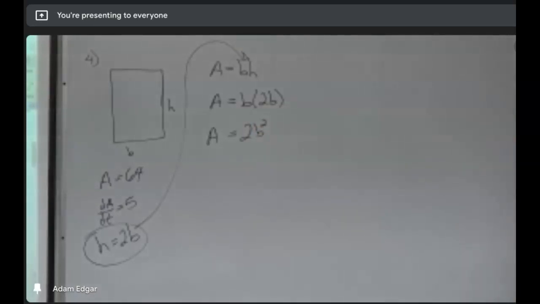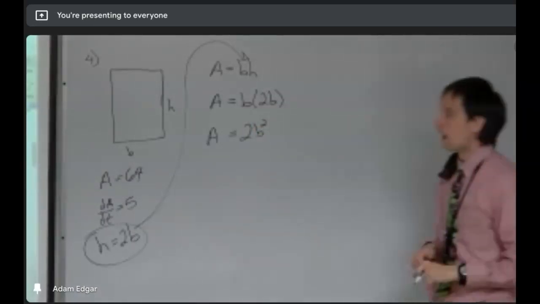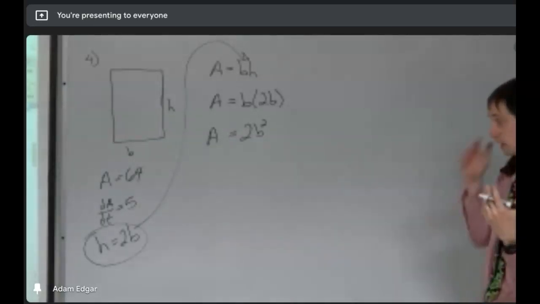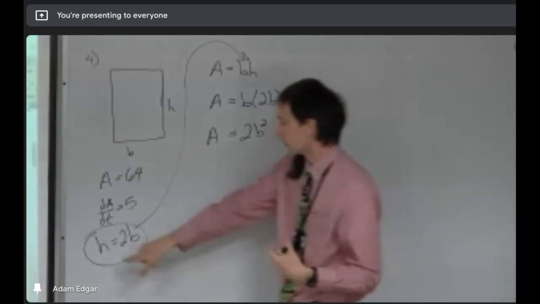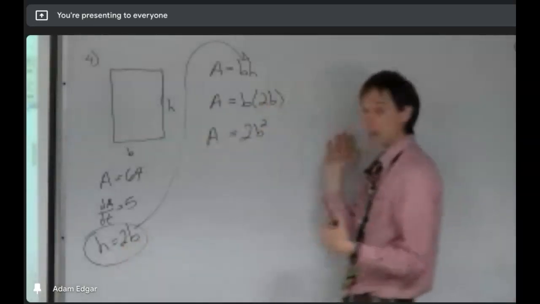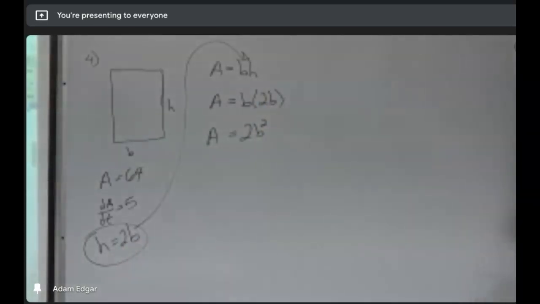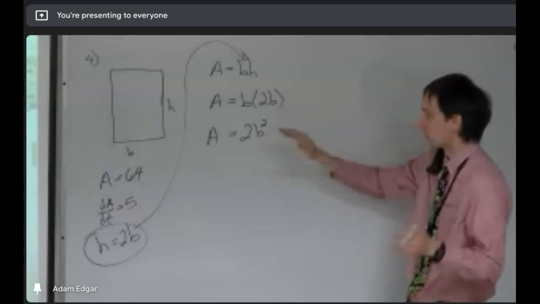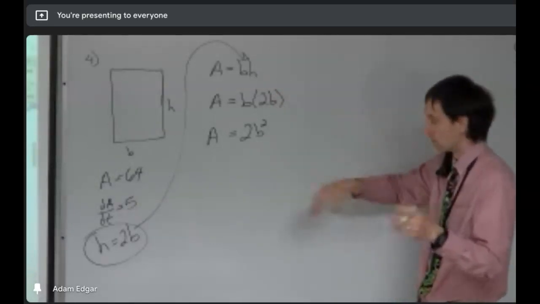So this is a geometric formula problem where you use a relationship between two of the dimensions to eliminate one of them in your formula. And then it makes everything a lot easier because now you don't have to do product rule. You can just do basic differentiation with the dt stuff.